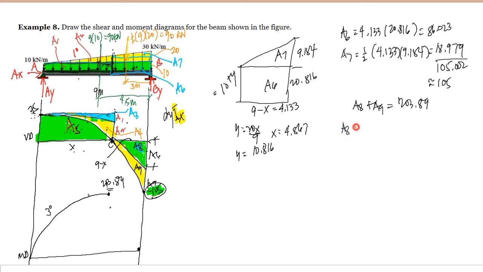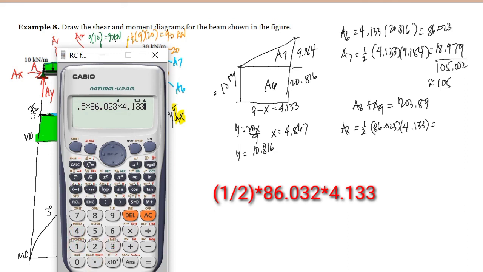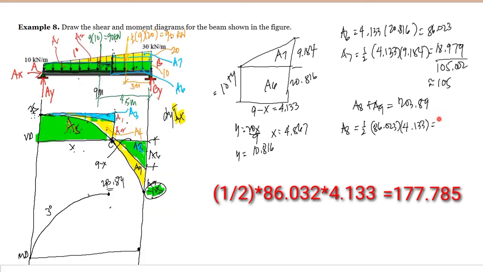So, for area 8, we have here a triangle. So, 1/2. Yung base natin is area 6, that's 86.023. And yung height natin dito is 9 minus x, which is 4.133. So, we have here 1/2 times 86.023 times 4.133, and we have here 177.767.